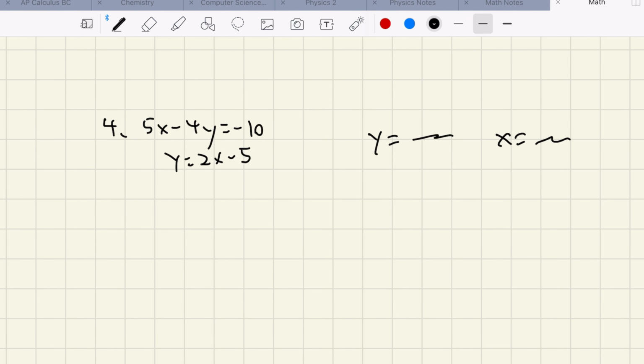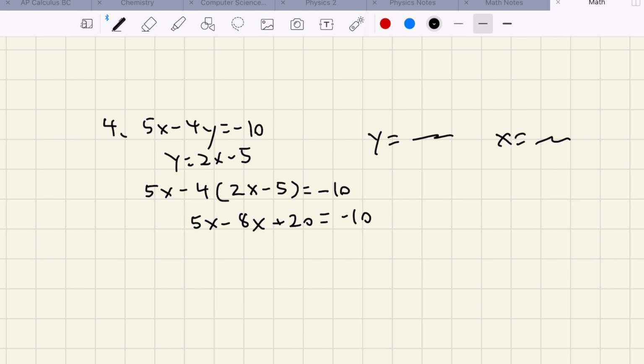So now plug that y in, and you get 5x minus 4 times parenthesis 2x minus 5 equals negative 10. Distribute the negative 4: 5x minus 8x plus 20 equals negative 10. Now you get negative 3x equals negative 30, and x equals 10.